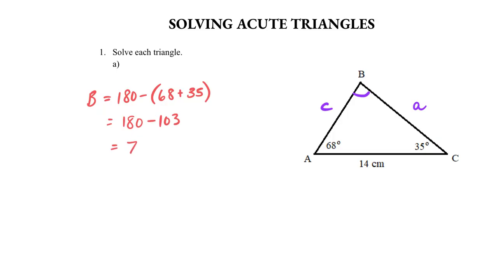That's going to give us 77 degrees for angle B. I would expect to see all of that information written out. It doesn't cost you much time. It's a good habit to get into. Now that we know that angle B is 77, we've got the angles taken care of.